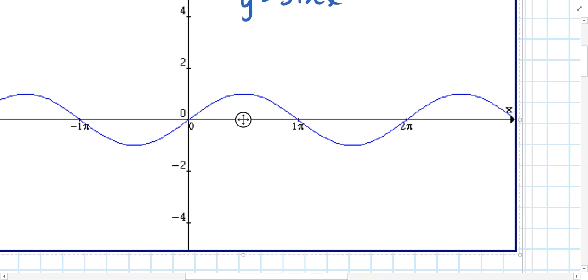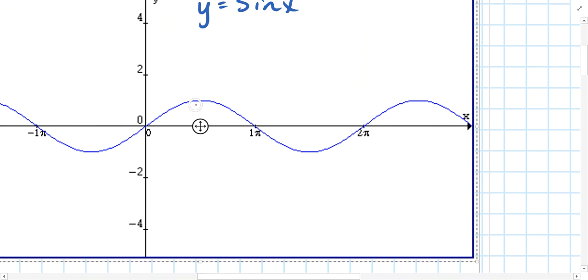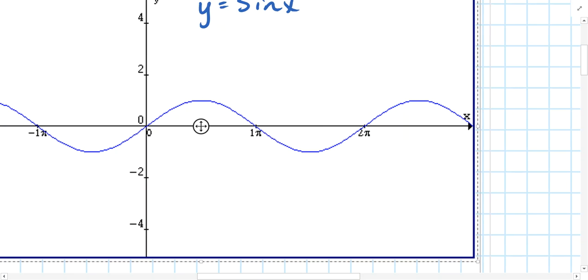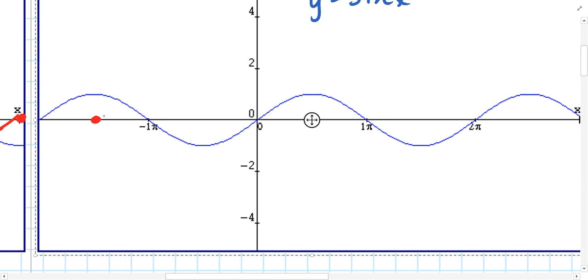In a similar sense, we see the same thing happening over here at sine of x. At each of these flat spots on the graph, we have a derivative value of 0. So we've got all these positions where the derivative itself is equal to 0. Right here at the beginning, we had the steepest portion of the blue graph, which happened to have a slope of 1, and we've got a slope of 0, a slope of -1, slope of 0, slope of 1, and so forth.